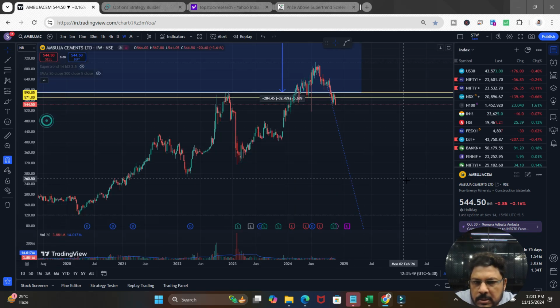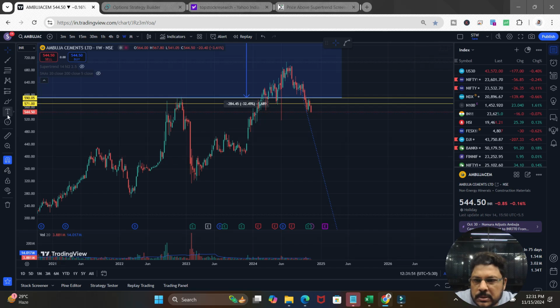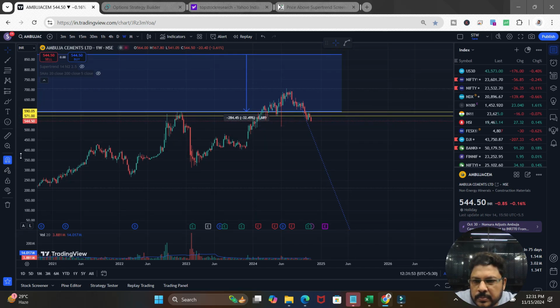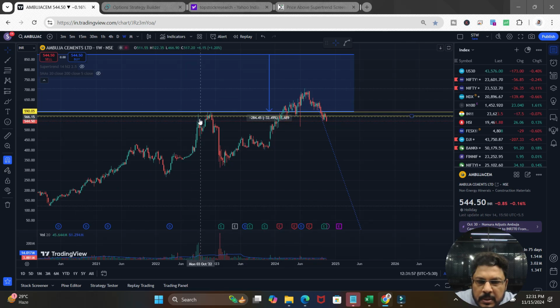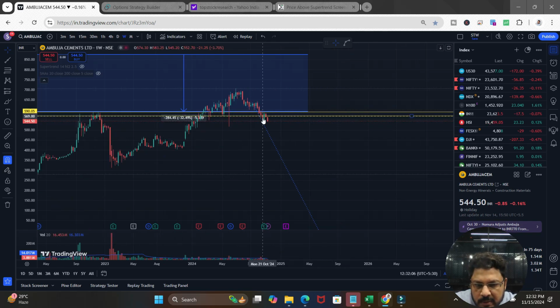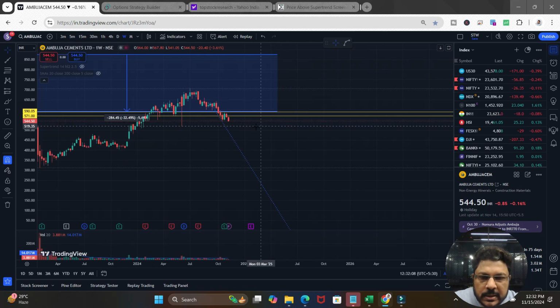But yes, see, there is a chart which I've already done. Ambuja Cement has actually broken its 52-week high. After this breakout, it went up, and now it is at a zone. So this can be a good buy if it can give a reversal sign here. That means a full weekly candle has to be reversed.